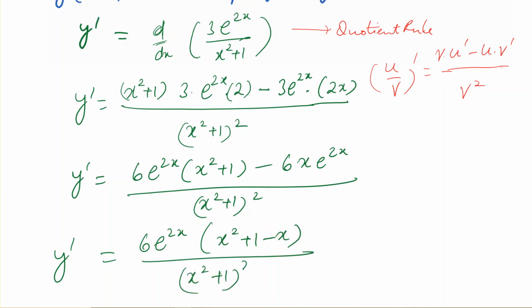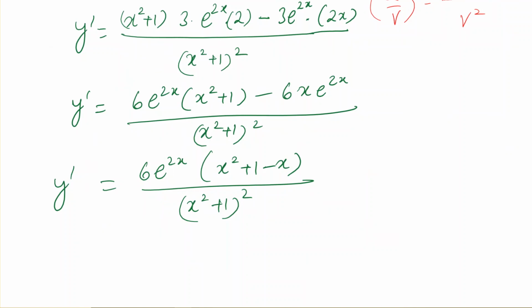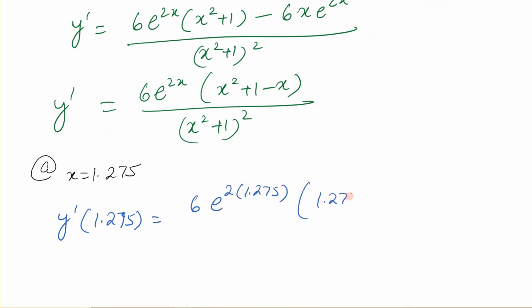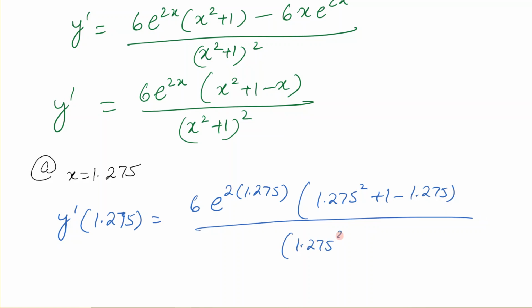And this is what our derivative is. But we want to find the slope of tangent when x equals 1.275. So at x equals 1.275, we simply plug in the values now. Our slope at this point becomes 6 e raised to power 2 times 1.275, times 1.275 squared plus 1 minus 1.275, and similarly we plug in that value in the denominator.